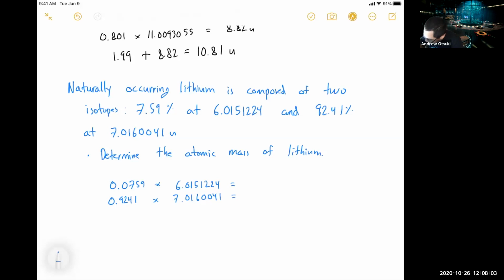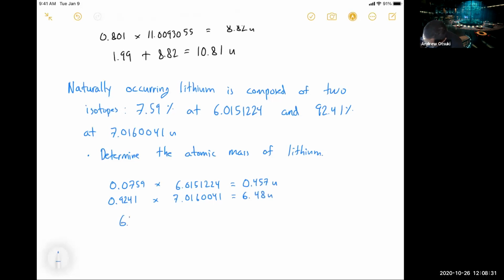0.457 atomic mass units. And then the next one, 0.9241 times 7.0160041, gives us 6.48 atomic mass units.